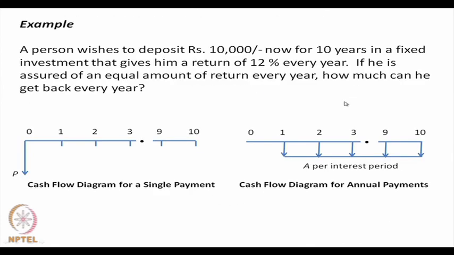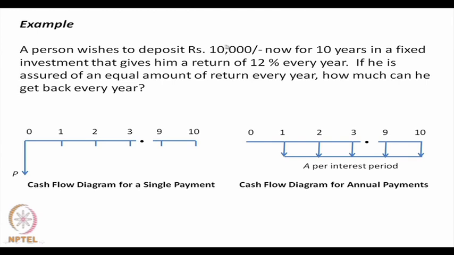Now, let us take some examples to illustrate the use of equivalence. Let us say that we are interested in such a problem. A person wishes to deposit rupees 10,000 now for 10 years in a fixed investment to give him a return of 12% every year, which means R is equal to 12%, N is equal to 10 years, and he is depositing the money now.